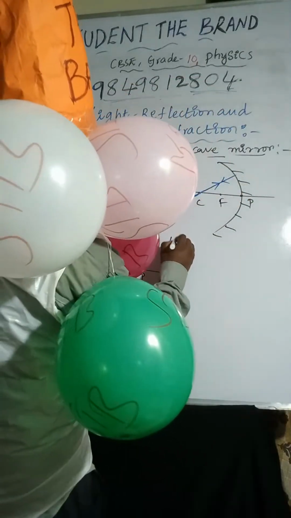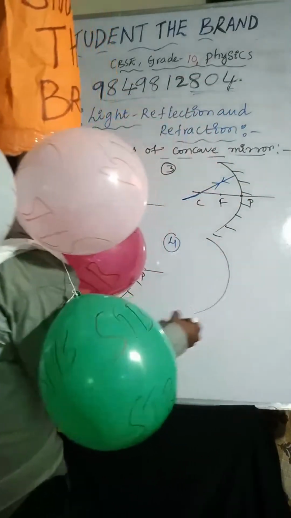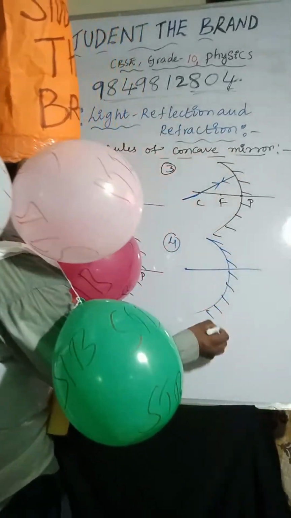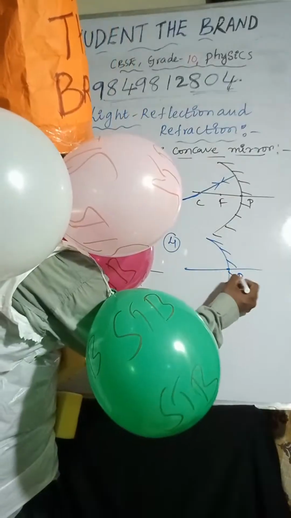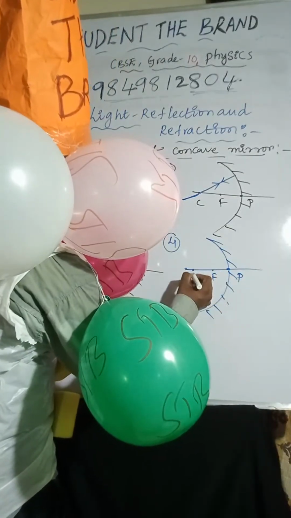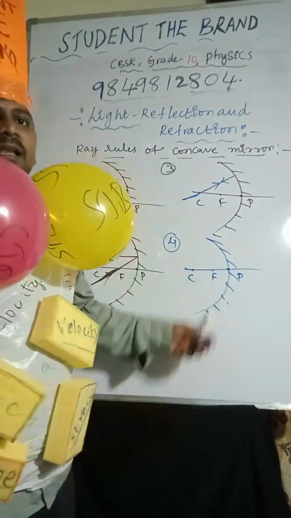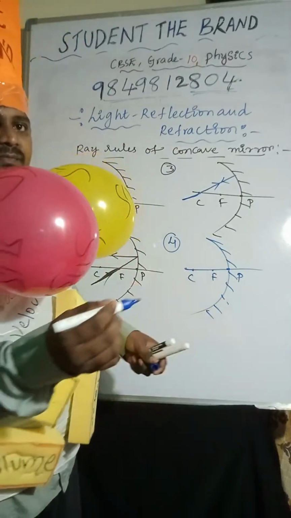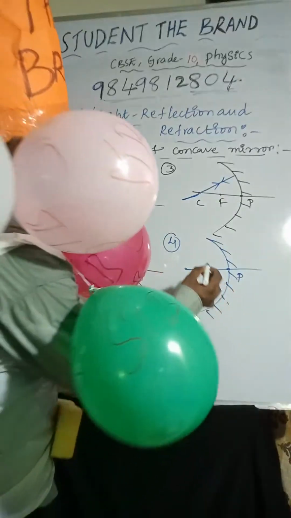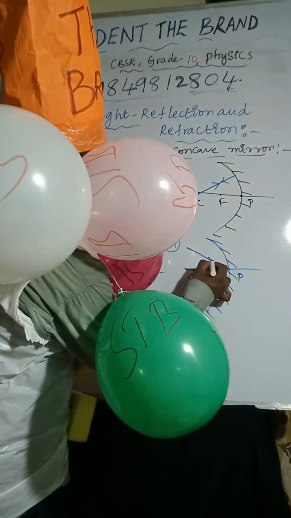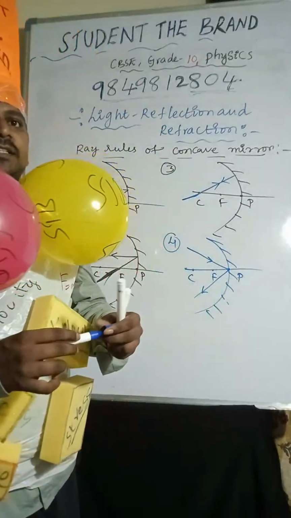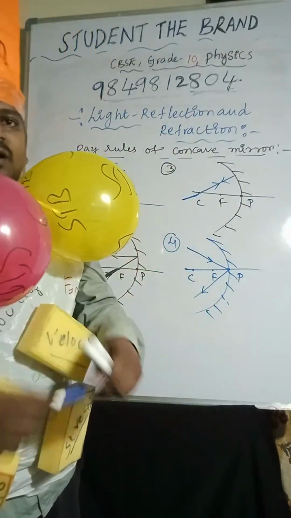So coming to the fourth one: pole, focus, center of curvature, light rays incident at the pole reflect back into the same medium. Okay, so these are the ray rules of concave mirror.